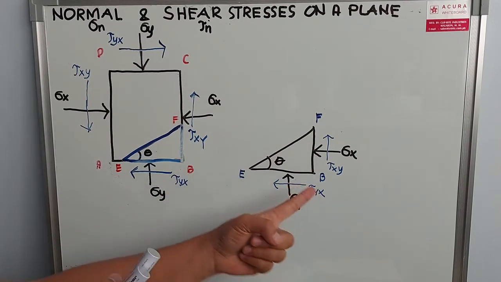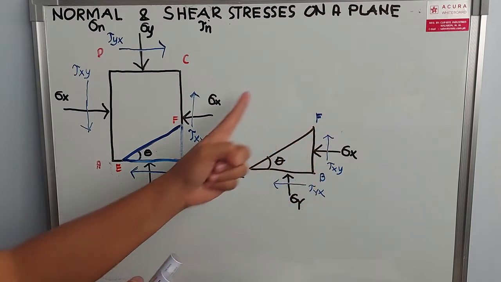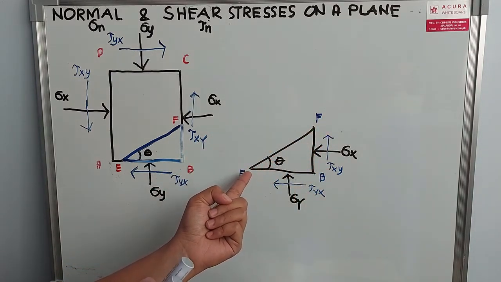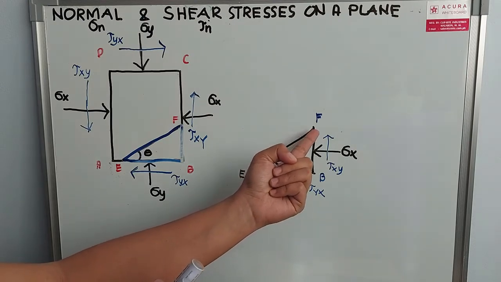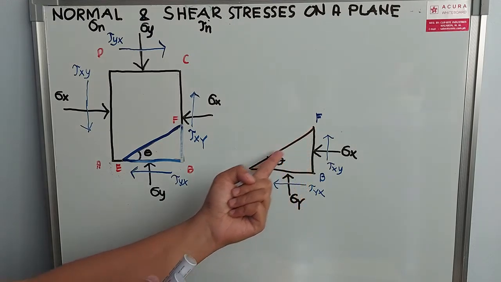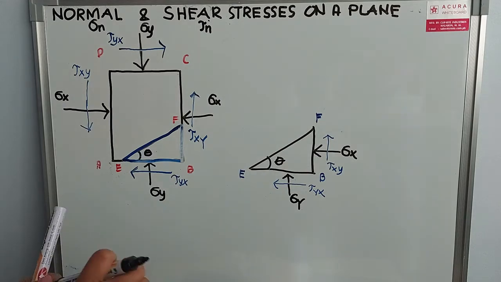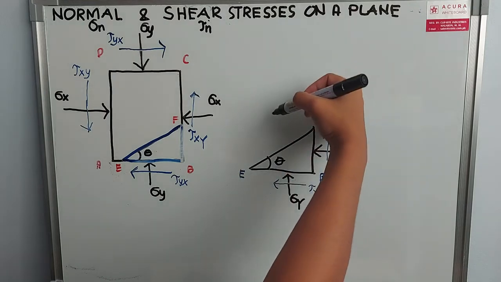So, from this free body diagram, we know that there is also a force acting along plane EF. So for us to get the forces acting along the plane EF, we simply have to apply the principle of equilibrium.